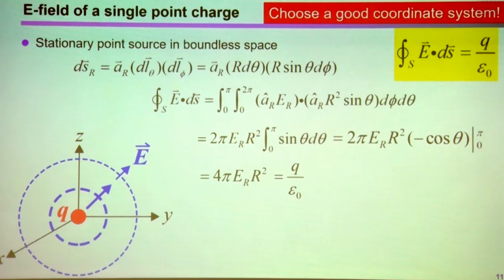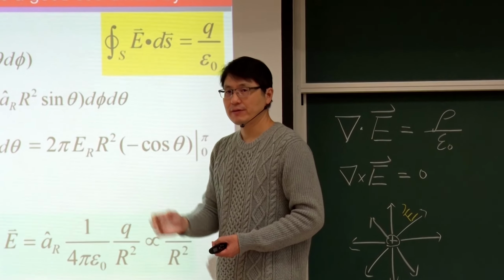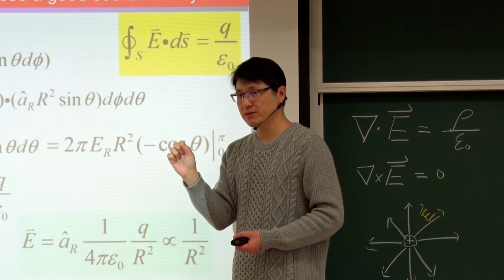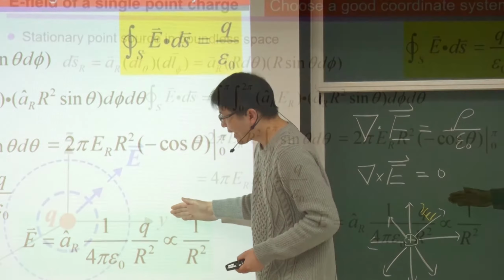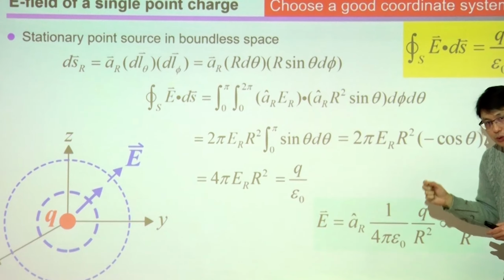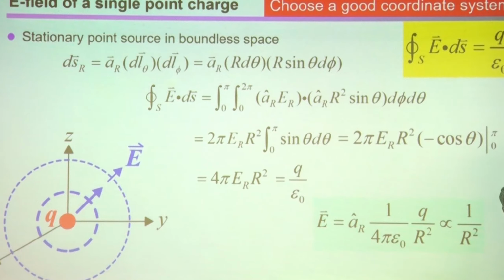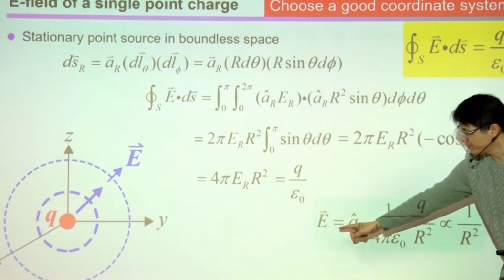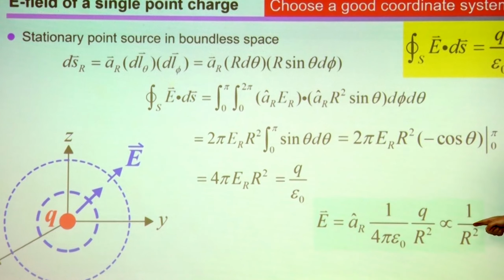So through this simple example, I'm showing you, based on the knowledge of the E field intensity distribution being radial, and it's conserved, we now finally know the E field intensity of a single charge with a very nice and precise quantitative description. So the field strength created by a single charge is inversely proportional to the square of the distance.